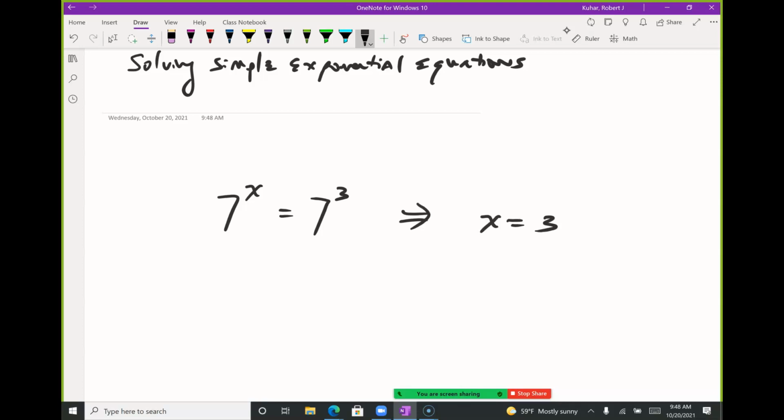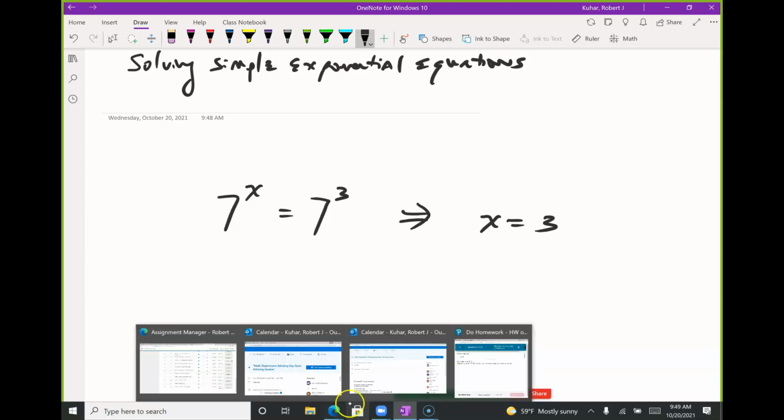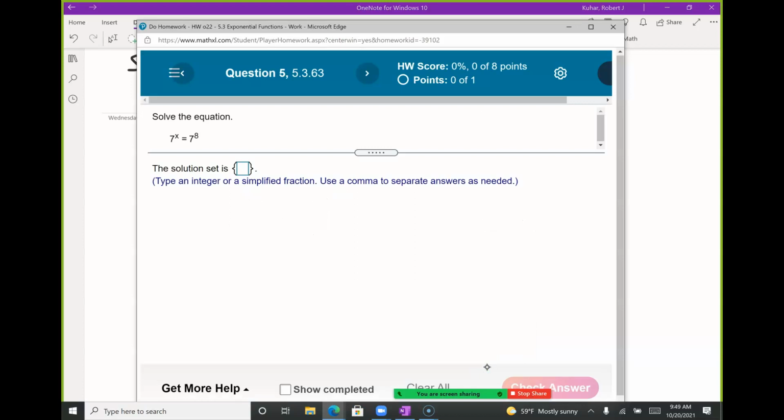When I have exponential functions set equal to each other, and they're the same base, my exponents must be equal to each other. That one's kind of insulting, but the whole idea I want you to get is that because I have one-to-one functions, I know that when the outputs are the same, the inputs have to be the same.